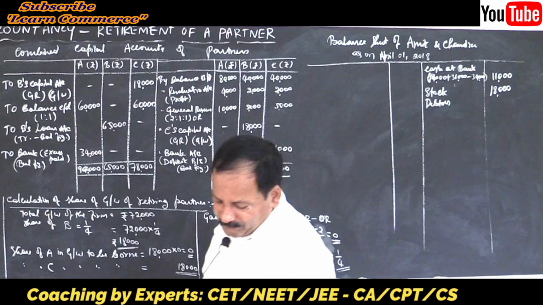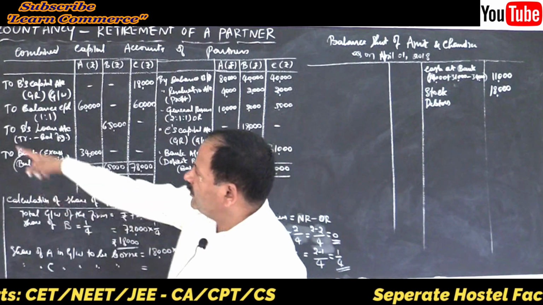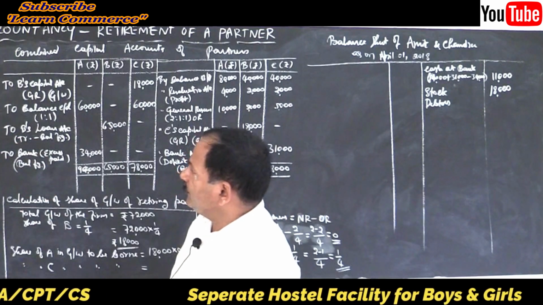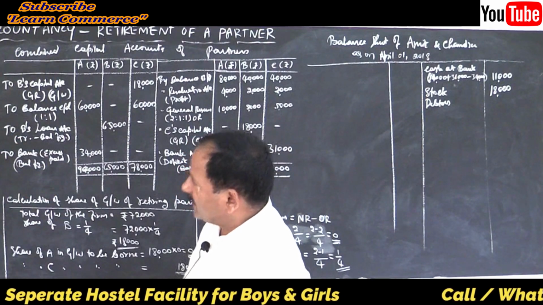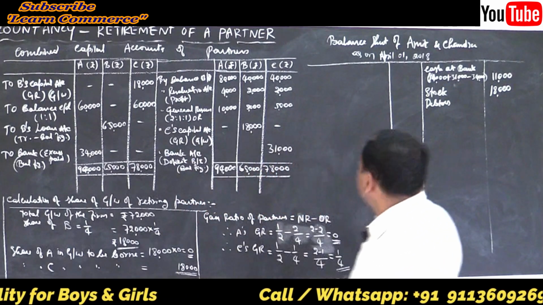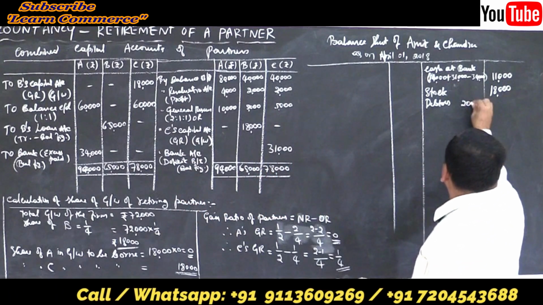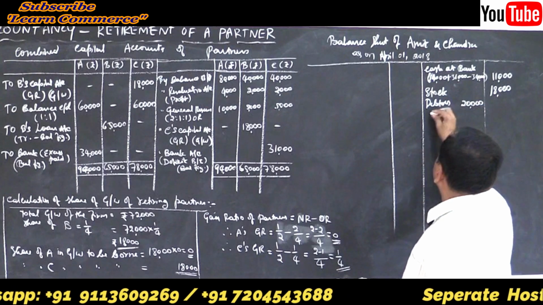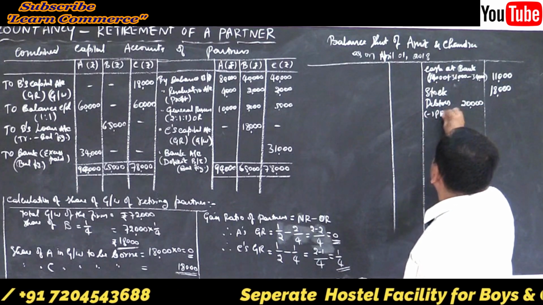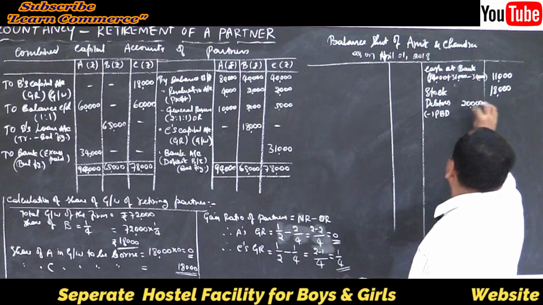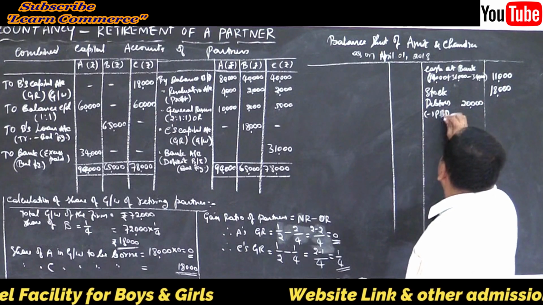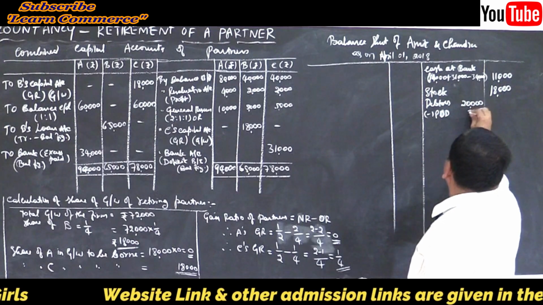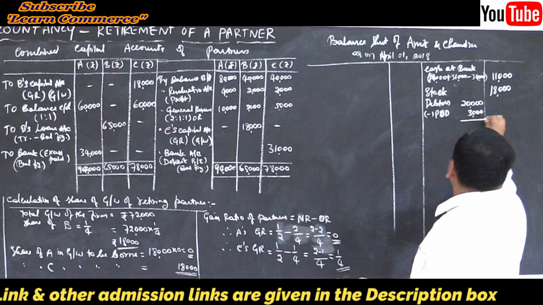So inner column 20 and provision for doubtful debts 3,000, correct? So 20 minus 3, minus the provision for doubtful debts 3,000. So 17,000.